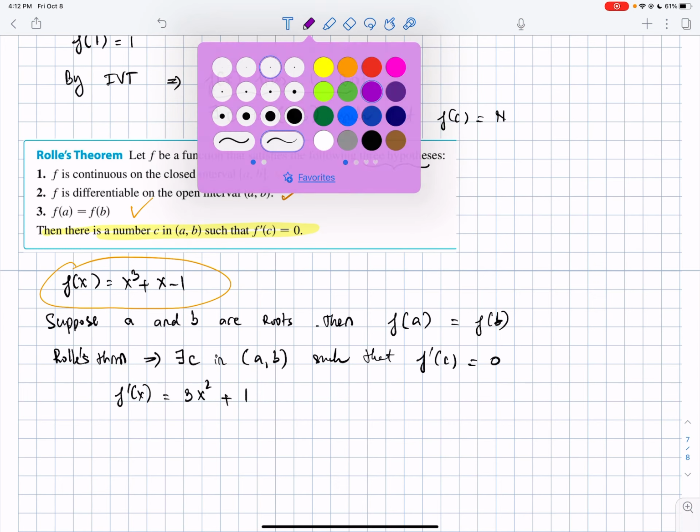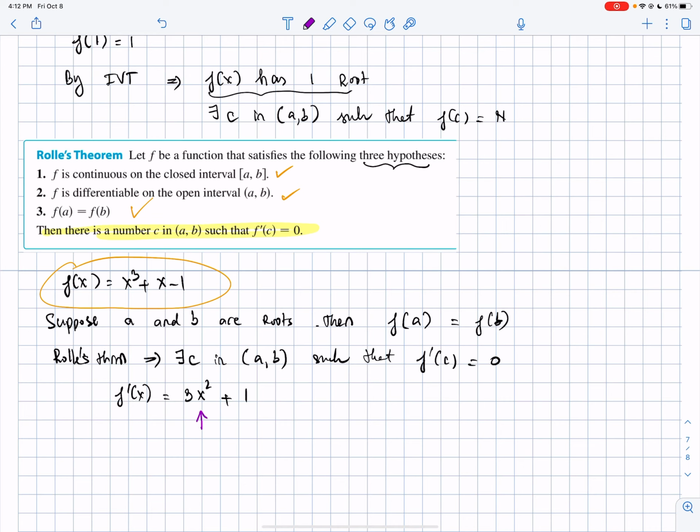Why? Because any value that you plug in for x, when you square it, is always positive. And then you have 3 multiplied by a positive, so you get some positive number plus 1, so the whole thing is positive. And we know that it's greater than or equal to 1, because the lowest value of x squared is 0, plus 1, so 1 is the minimum value of 3x squared plus 1.